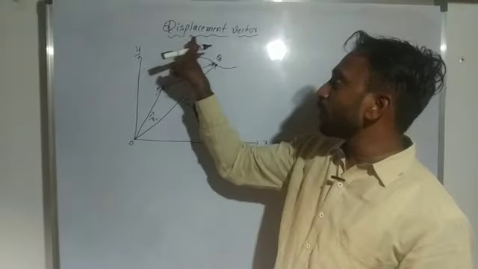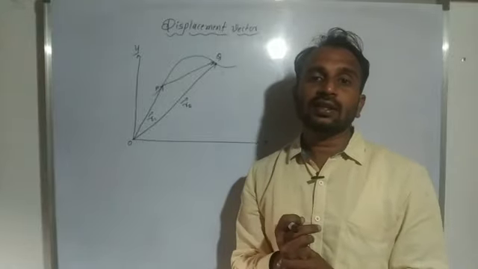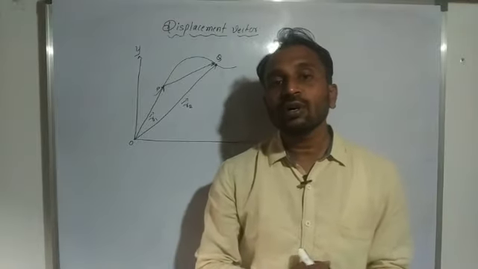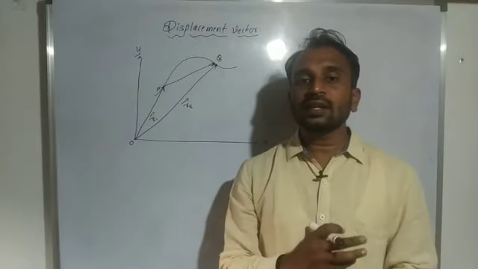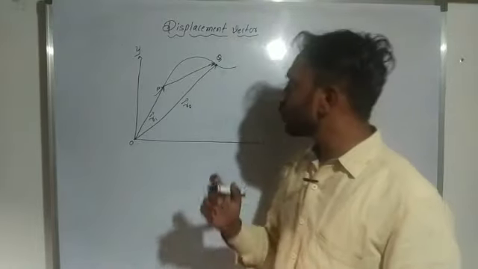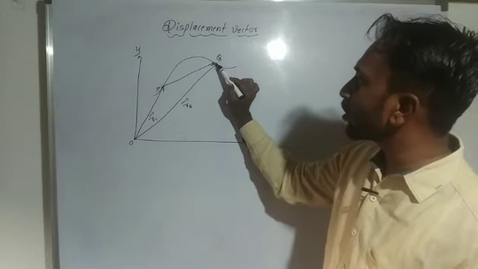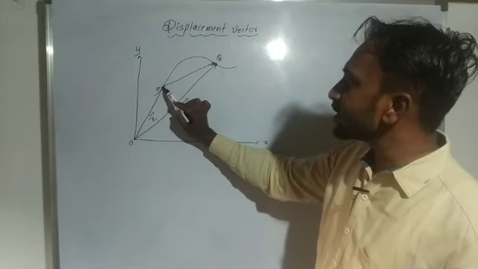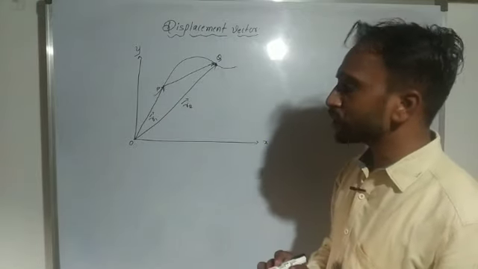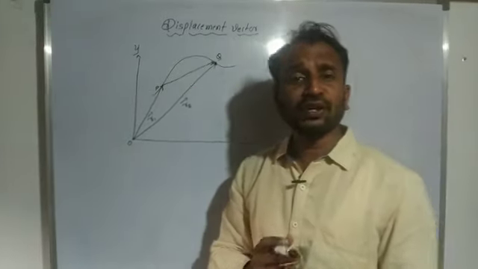So the displacement vector is a line segment directed from the initial to the final position of the particle. This one is the initial position and this one is the final position of the particle. The tail is at the initial position and the head at the final position. So this is the displacement vector.